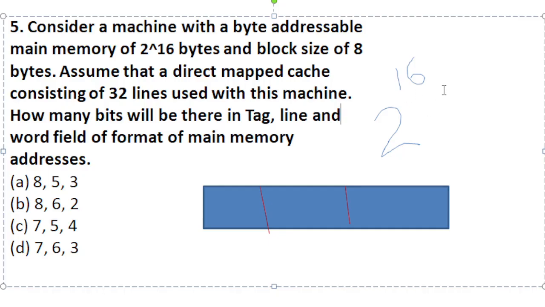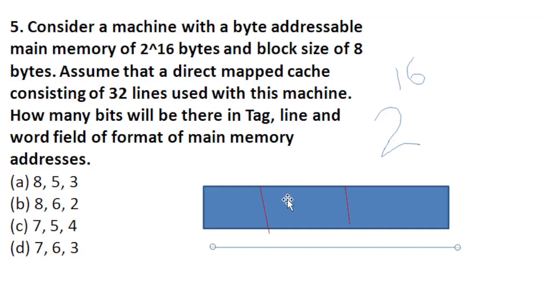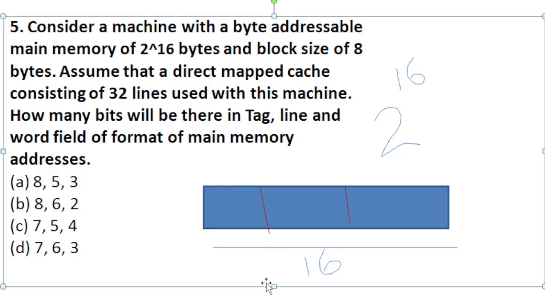You have to take the power. The total number of bits is 16. These 16 bits have to be assigned to three fields: the first is the tag field, the second is the line field, and the third is the word field. We have to find how many bits each carries.